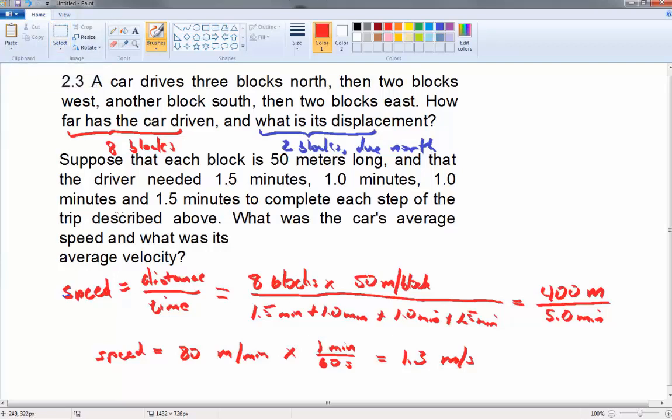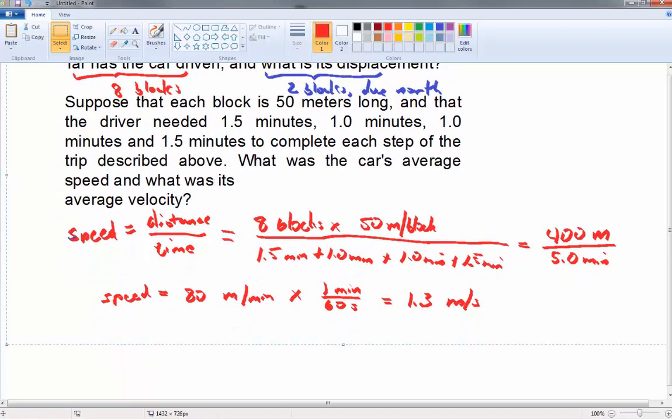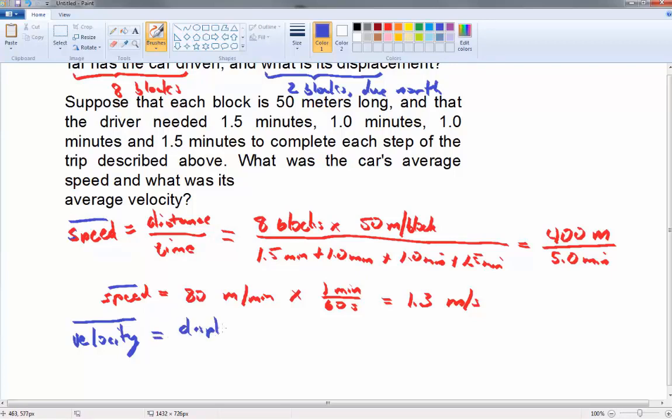What about the average velocity? Well, to get to the average velocity, you need to use the displacement rather than the distance. So the average velocity, and you can put a little bar over it to represent an average, is the displacement per unit time.